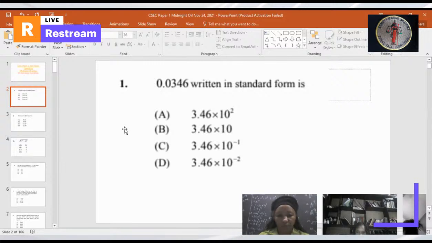So it would be 3.46 times 10 to what? Times 10 to the negative second power. To the negative 2. Okay. So we'd have to think how many places would we have to move back to get the original? All right. So that would be D.